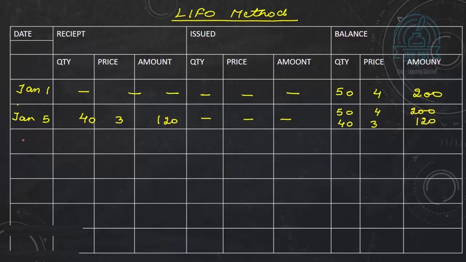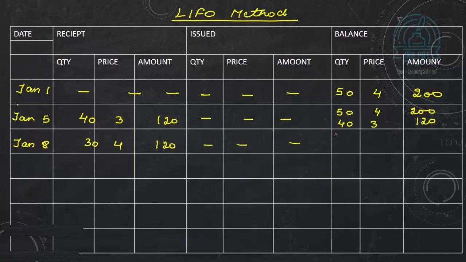Now as on Jan 8, we had 30 units received at the rate of 4 per unit. Amount is again 120, not issued anything.